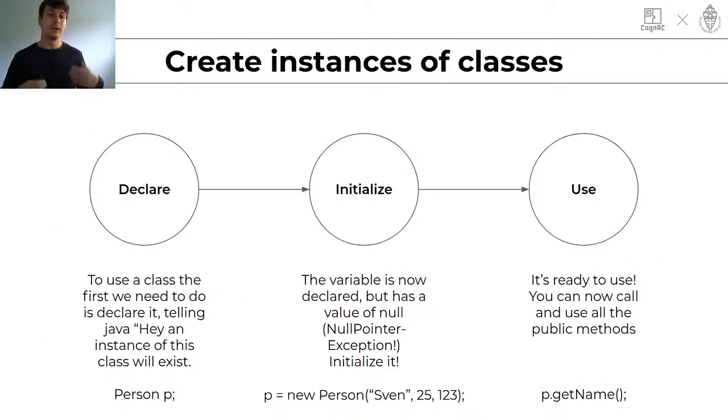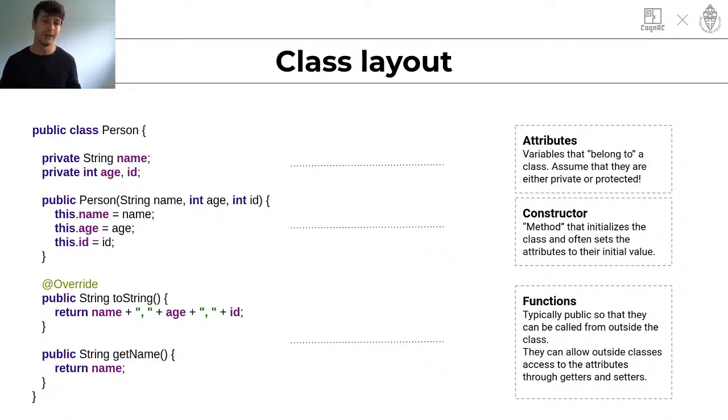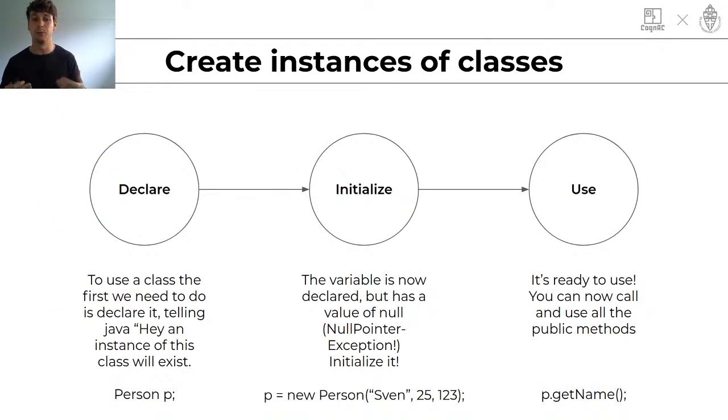When you're creating instances of classes, one thing we very often notice is that people declare classes but don't initialize them. For example, here we had the class Person. If you declare it by saying Person p, then p will have the value of null at this moment.